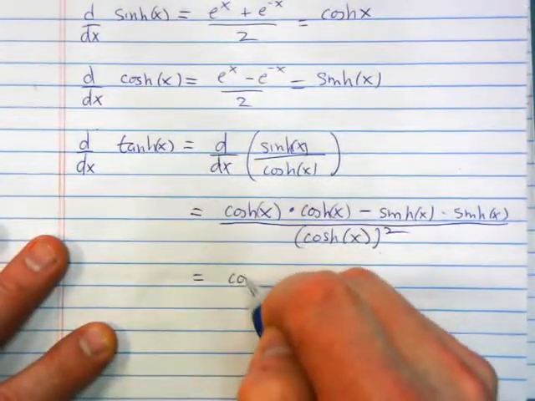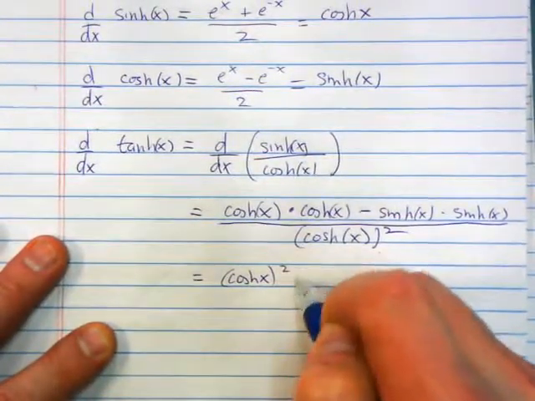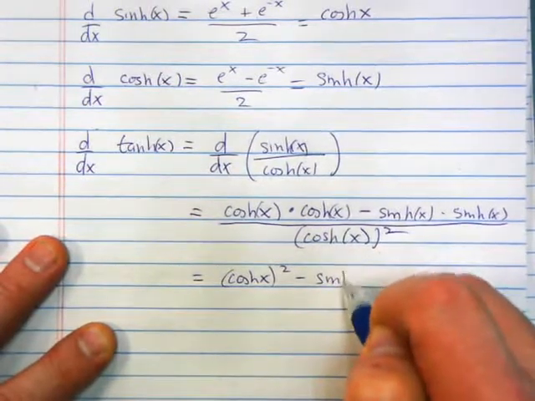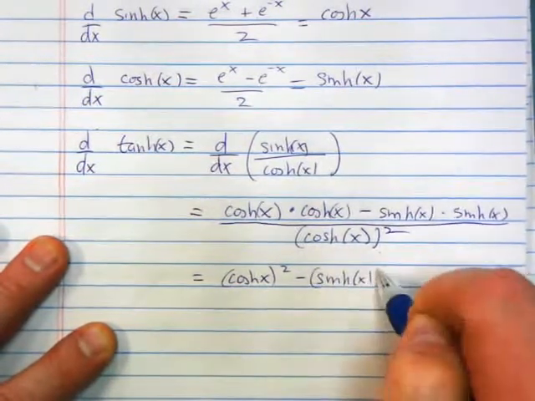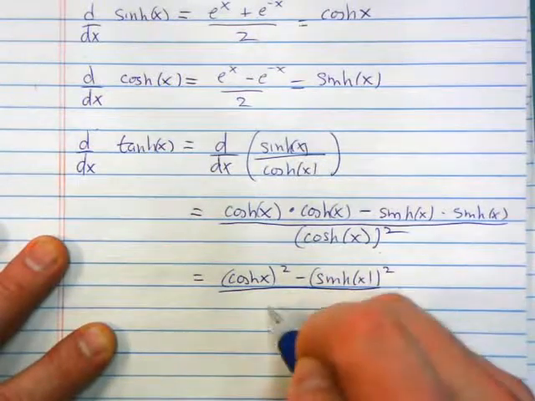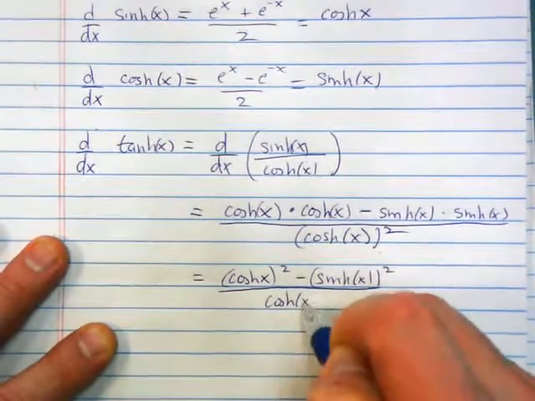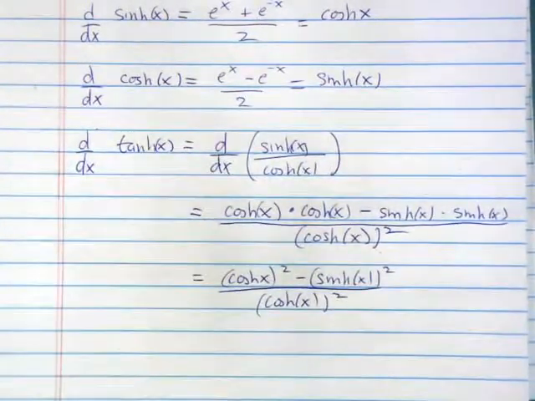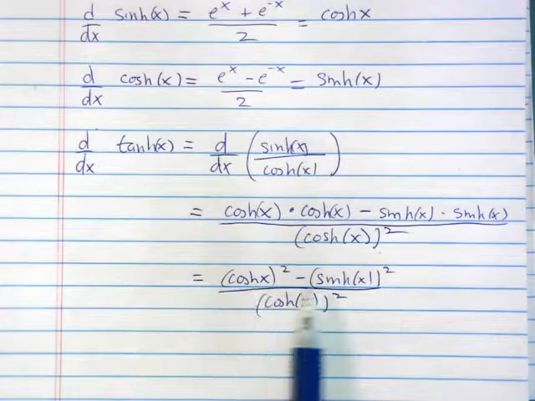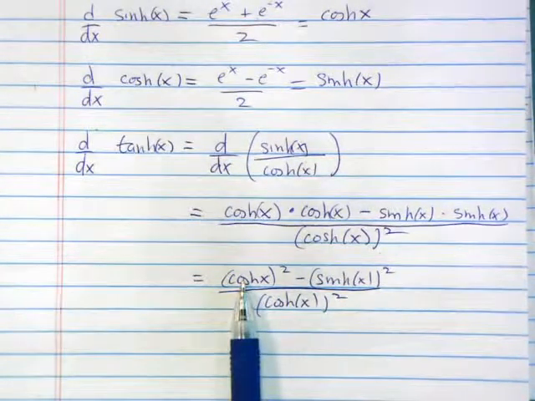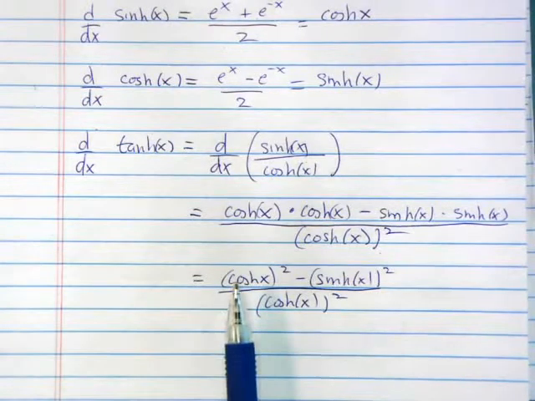That's hyperbolic cosine squared minus hyperbolic sine squared divided by hyperbolic cosine squared. Which rule would you like to use? For trigonometry, I know that sine squared plus cosine squared equals 1.